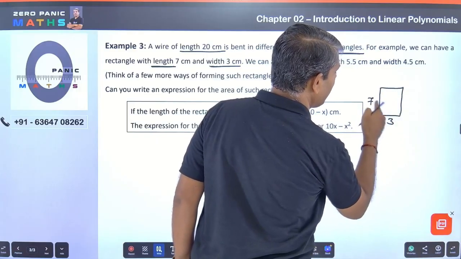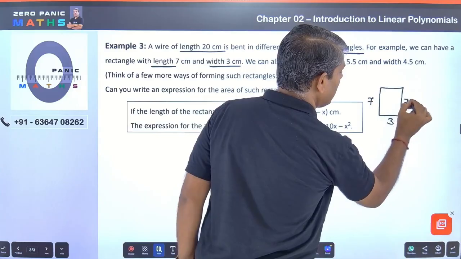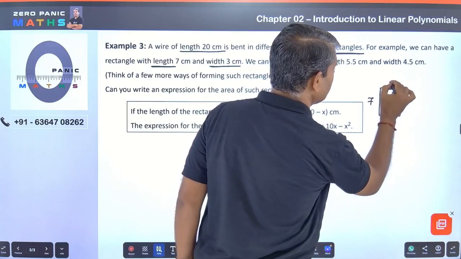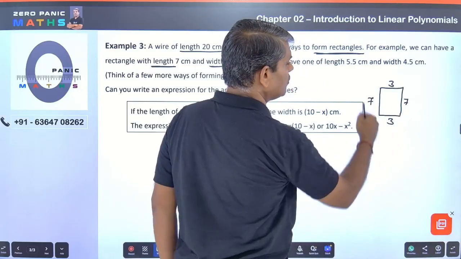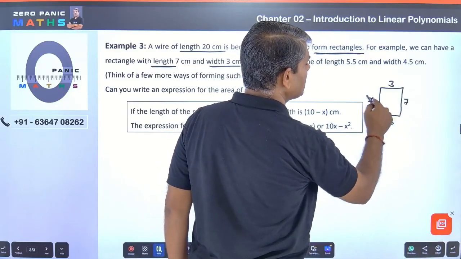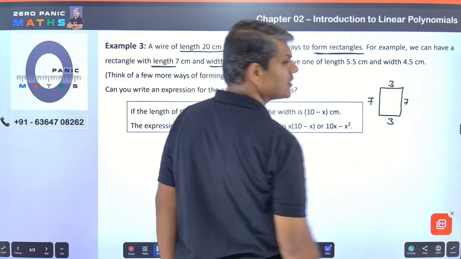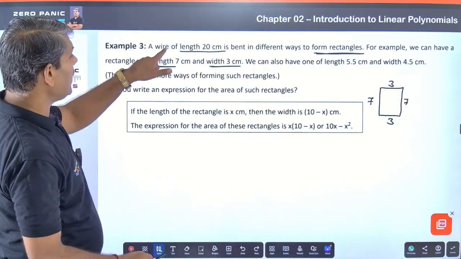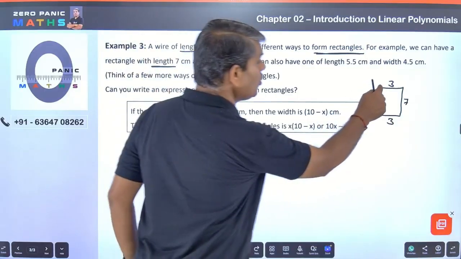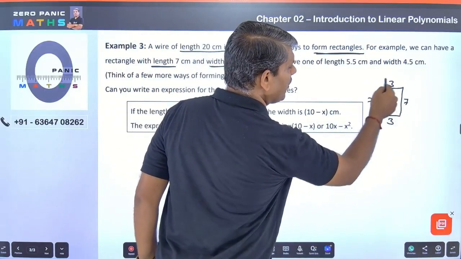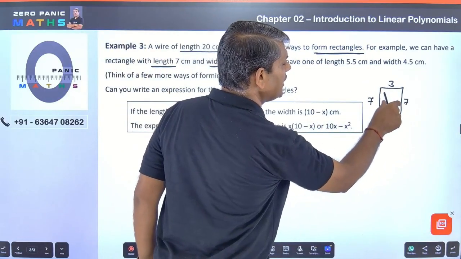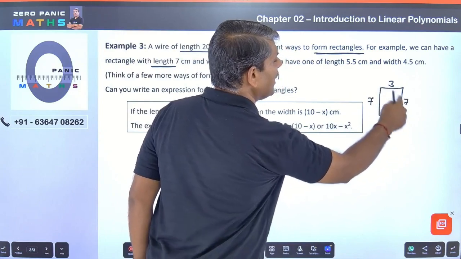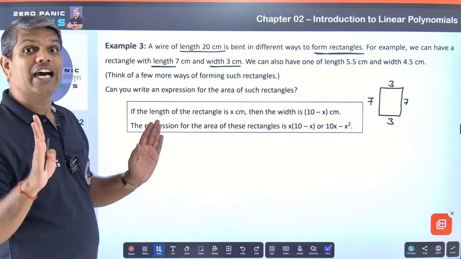So length 7, so this is also 7, opposite sides are equal; width 3, so this is also 3. So total perimeter is 7 plus 7 is 14, plus 6, 20. So the total wire length throughout the perimeter of this rectangle is 20 centimeter, and they have given one example of forming a rectangle.